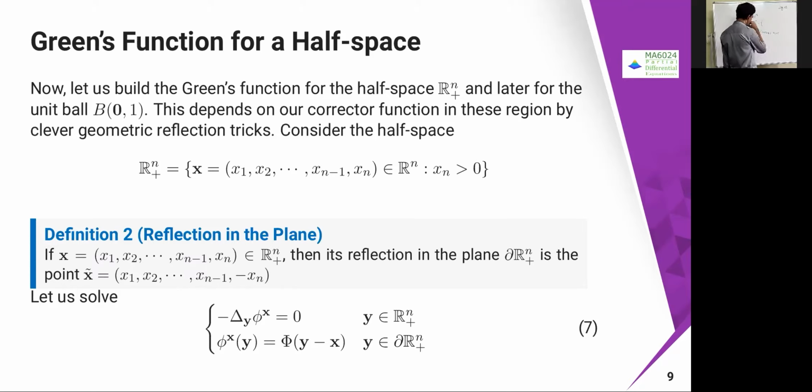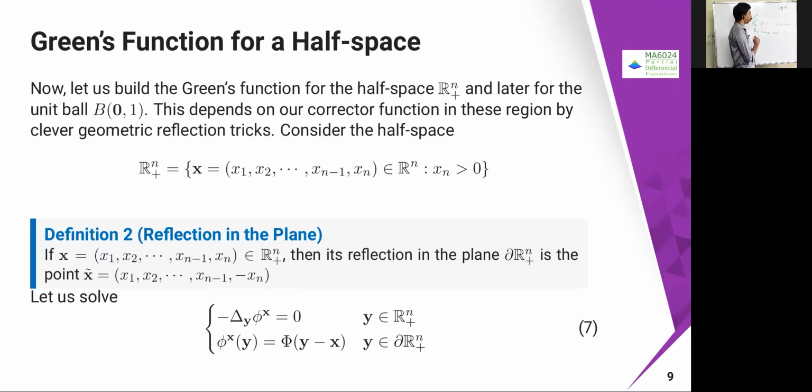In the same way, in Rn plus, I define x equal to (x1, x2, ..., xn minus 1, xn) such that xn is greater than 0. So this is the reflection in the plane. If you look at R1, R2, the set of all (x1, x2) becomes the entire space.